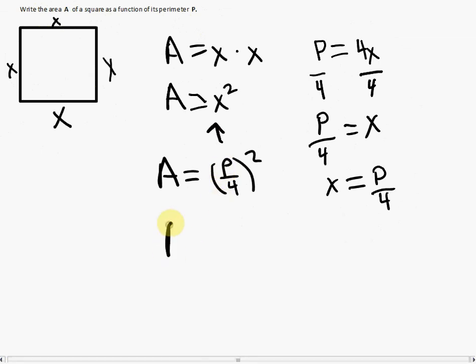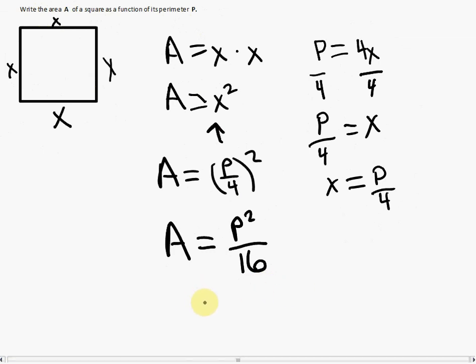And then we can finally simplify. So this is just squaring P squared and 4 squared. So the area in terms of its perimeter is P squared over 16.